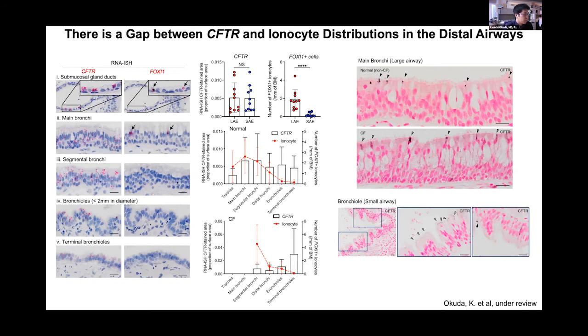Immunohistochemistry shows apical CFTR protein expression in non-CF airway cells. But in CF cells, this CFTR protein, which is supposed to be expressed in the apical membrane, is accumulated in the cytoplasmic region, which is consistent with previous reports of abnormal CFTR protein accumulation in the cytoplasm in CF cells.